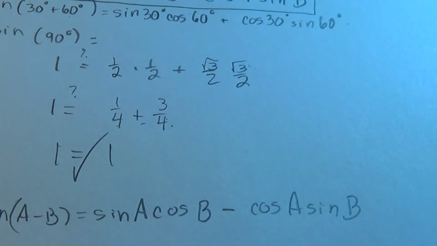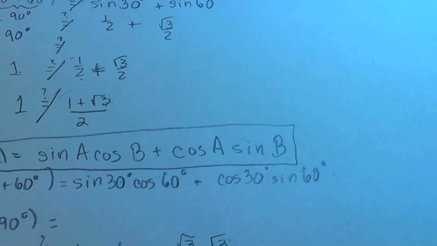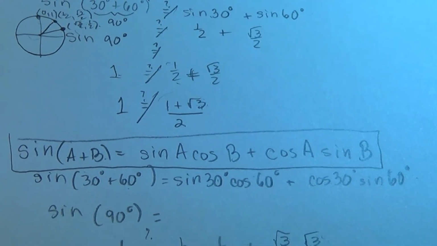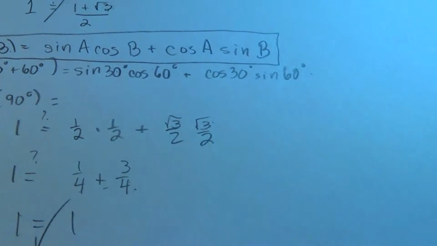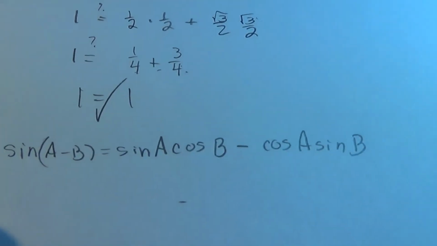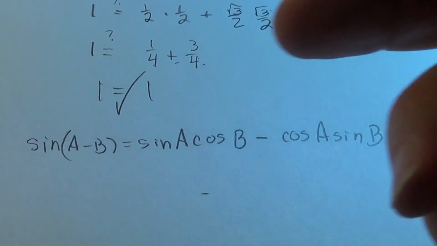So what's the difference between that and that? Just the plus sign became a minus. So if you got a handle on the first one, you should easily get the second.